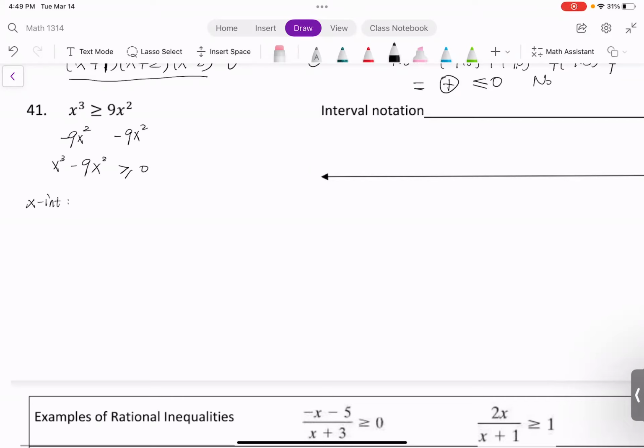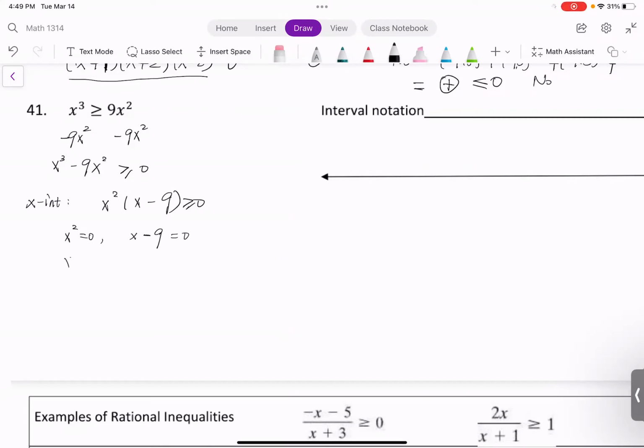We can factor it. The GCF is x squared. We have x squared times x minus 9 is greater than or equal to 0. And then we can say first factor equal to 0 and the second factor equal to 0.